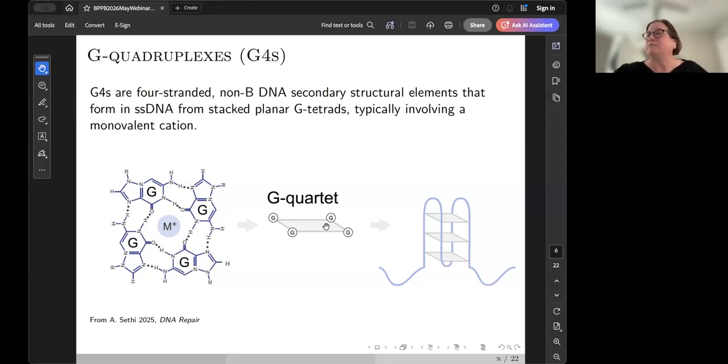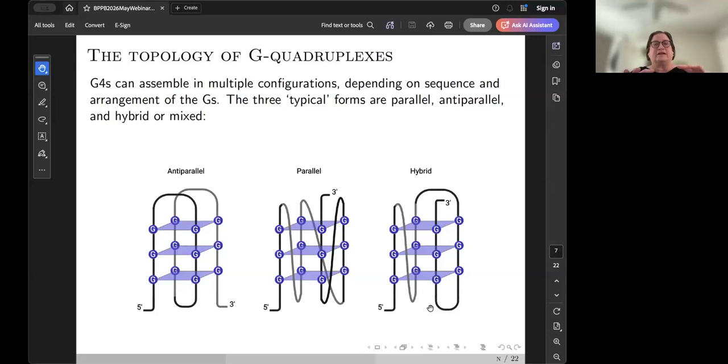What we're interested in this talk is the topology of those strands. This is a schematic I put together of some of the main types, and there's a zoo of different ways that these G quartets can come together transiently, either from unwound single-stranded DNA or even from double-stranded DNA that has transiently melted to form single-stranded DNA.